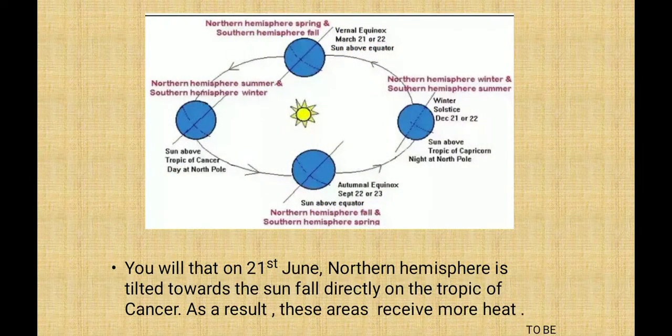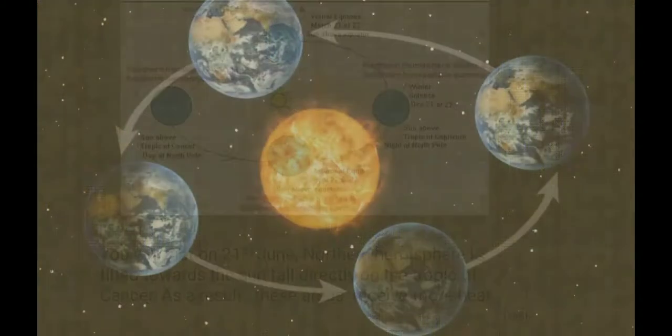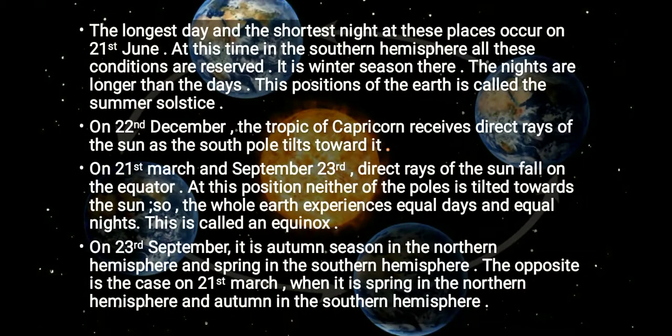Now see, in this image you can see that on 21st June, the northern hemisphere is tilted towards the sun and the sun rays fall directly on the Tropic of Cancer. These areas receive more heat. The longest day and the shortest night at these places occur on 21st June.